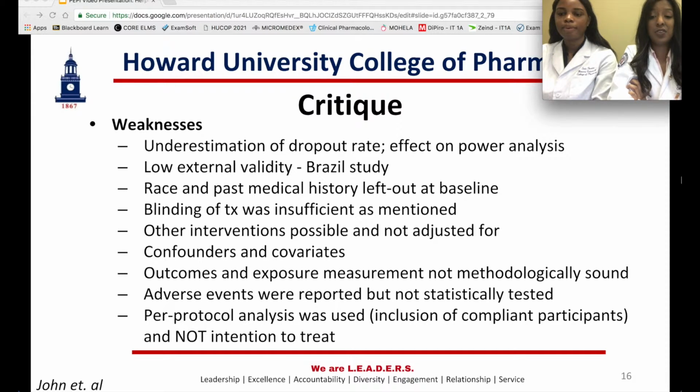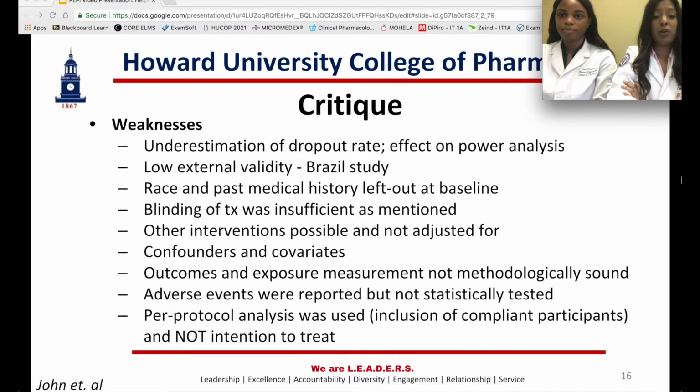This can be exaggerated or underestimated, and also given the patient population being in Brazil, are they more prone to pain tolerance than the general population? Adverse events were reported but not statistically tested. So we believe when you're analyzing one treatment option over the other, it's important to go into adverse events. Although reported, we don't know if they were statistically different.